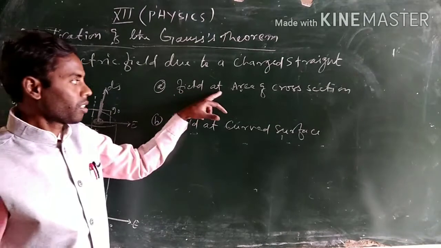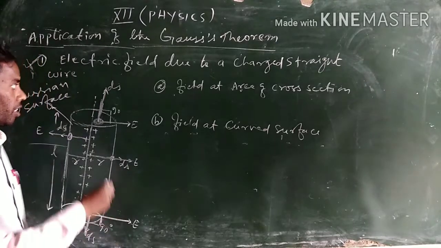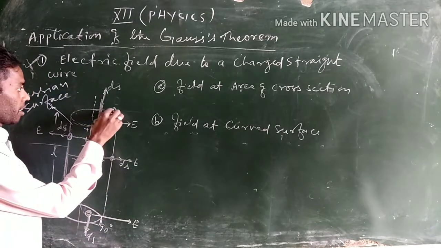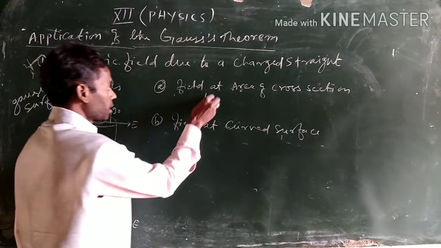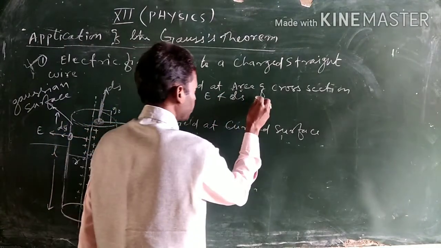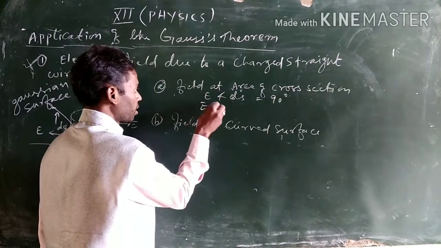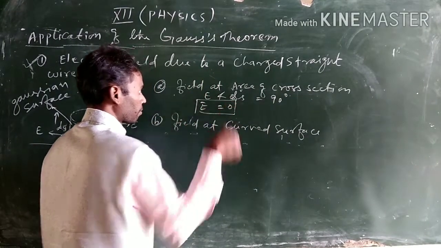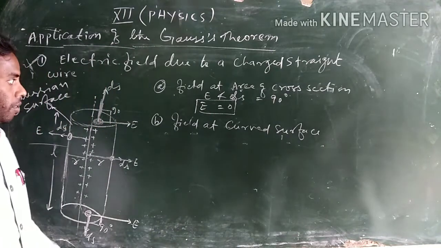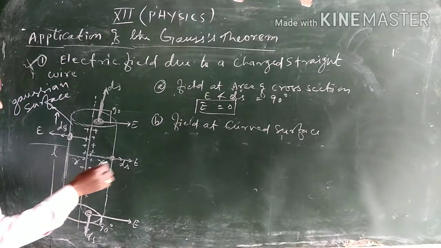For the electric field at the area of the cross section, that means this one, case number 1, E and ds are making 90 degrees. That's why the flux will be 0, okay. And the second case is the curved surface area, that means here.